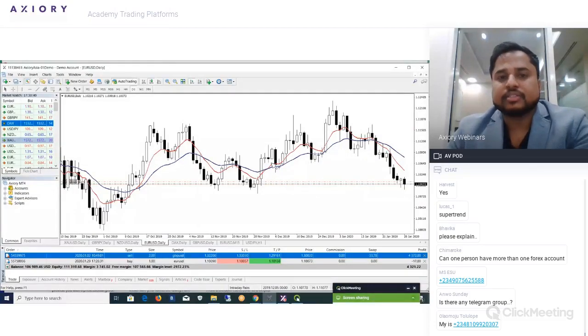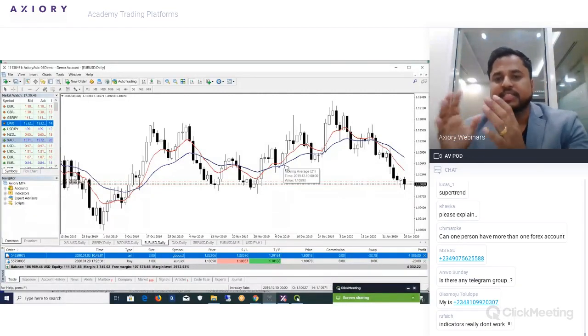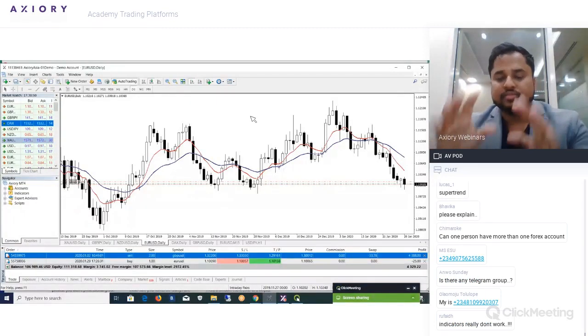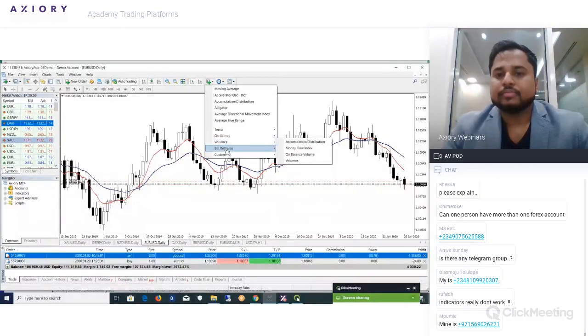We have a detailed class on the indicators and oscillators in the coming session. There we will discuss in detail about the indicators. This is just to show you that we can select the indicators from this area.